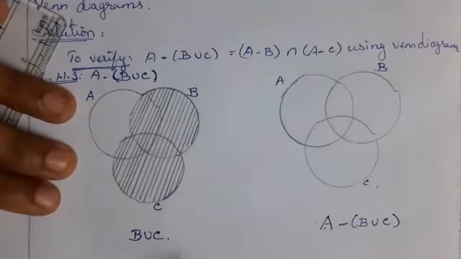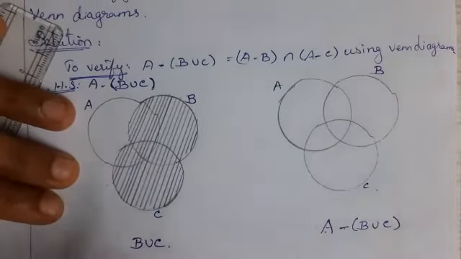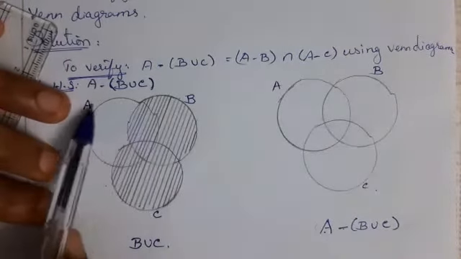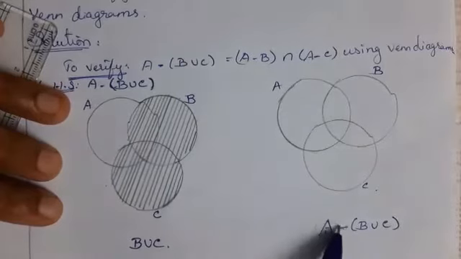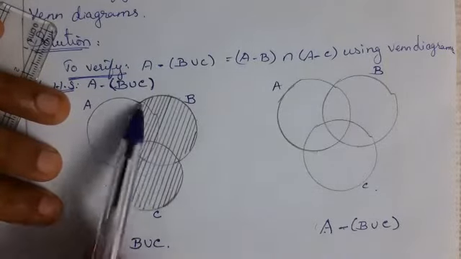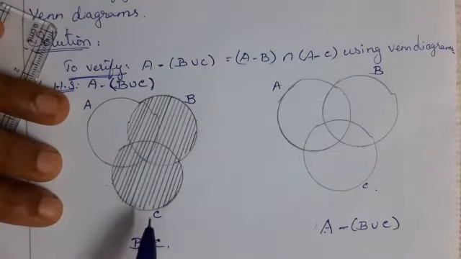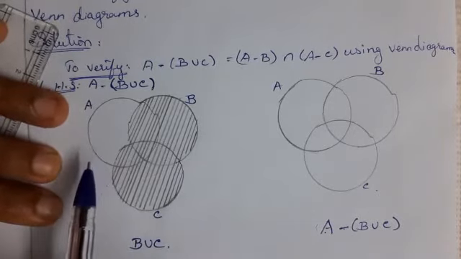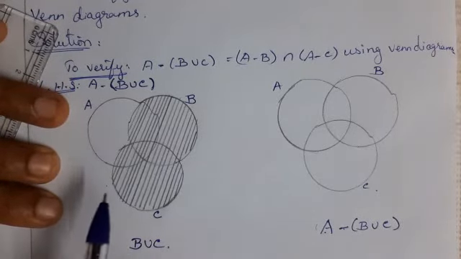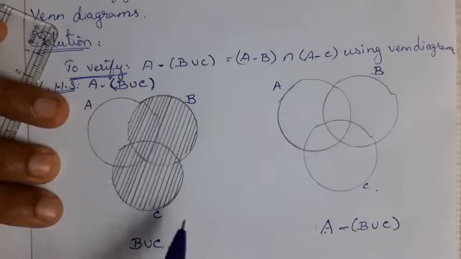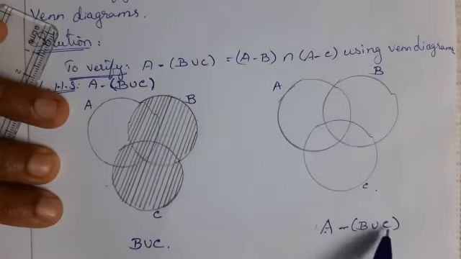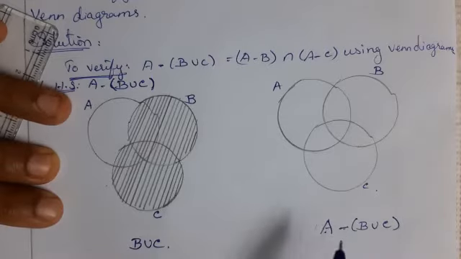A difference, B union C. From the A, you must subtract B union C. Then what are the portions you have? Can you guess? Once again, A difference B union C, A minus B union C. You must take the remaining places.